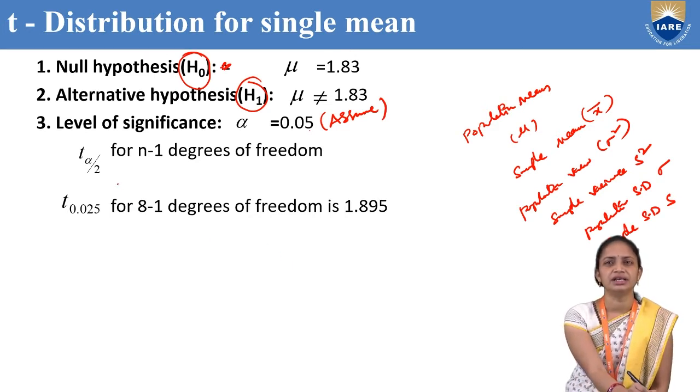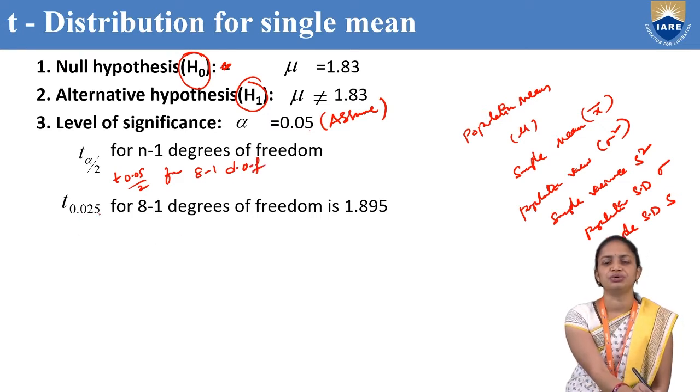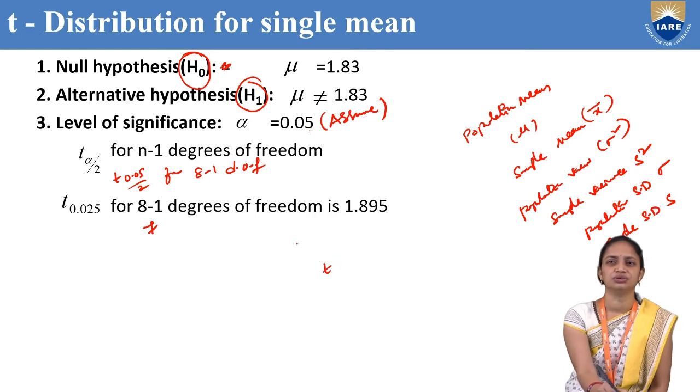In t-distribution for single mean, we need to take t alpha by 2 for n minus 1 degrees of freedom. Here alpha value is 0.05, so we take 0.05 divided by 2, and for n equal to 8, 8 minus 1, that is 7 degrees of freedom. So t of 0.025 at 7 degrees of freedom. We have to take this value from the t-distribution table.